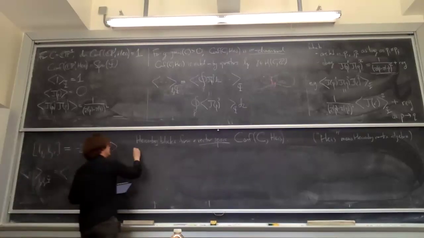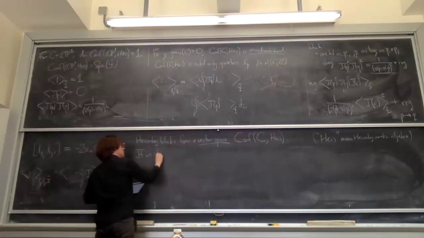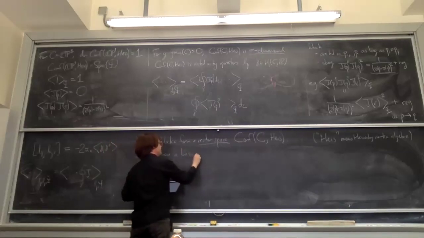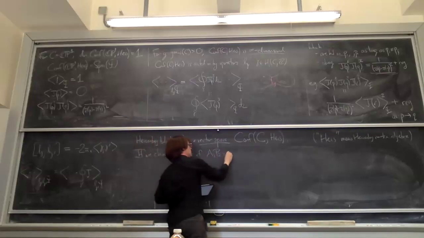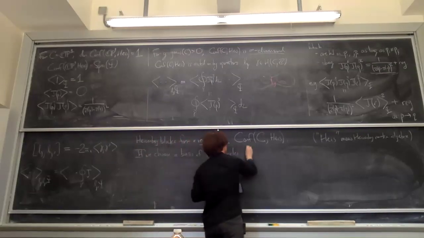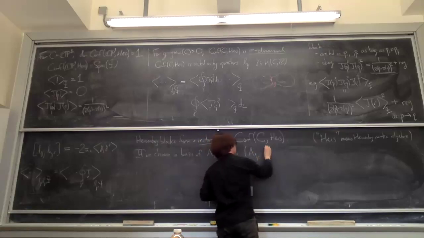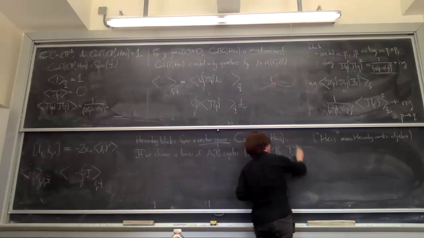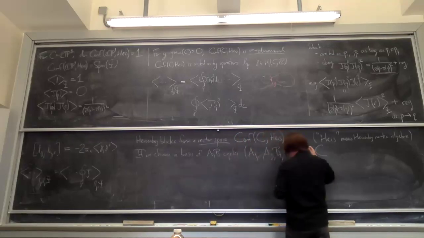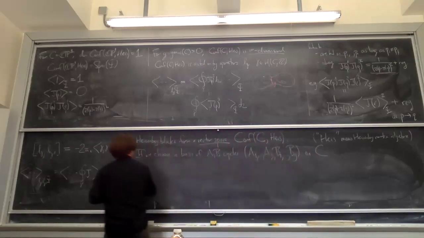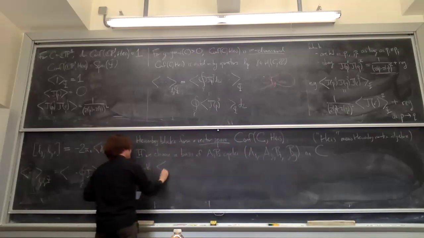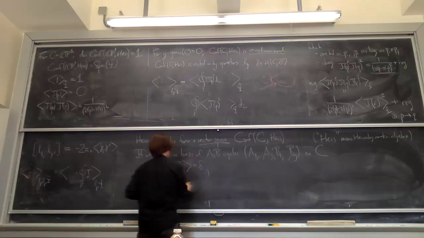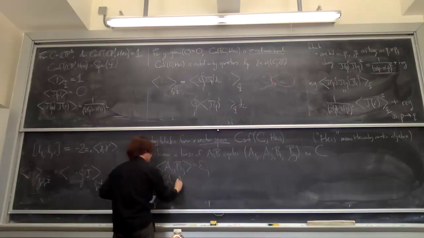So suppose we choose a basis of A and B cycles, A1 up to AG, B1 up to BG on C, where the intersection pairing is the usual thing. I guess people call it a symplectic marking.